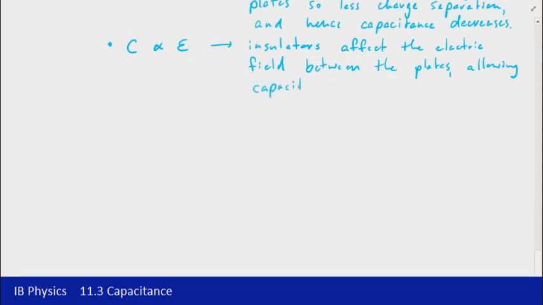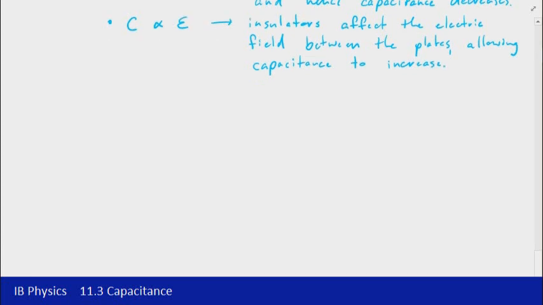Now, I know that's not really explaining why, but the easiest way to explain the effect of the insulator in between is to actually refer to a specific type of insulator that can be chosen specifically to increase the capacitance further.